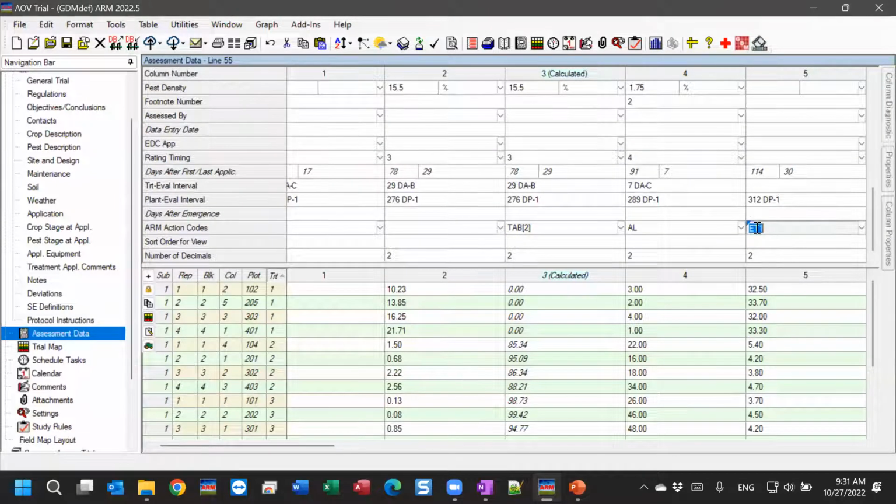So just to recap, that's the ARM action code. You can provide instructions to throw out certain parts of the data just in the analysis. So you still have them all recorded. We can still show the treatment mean, but it's going to act as if these were all missing data points as far as the analysis goes.